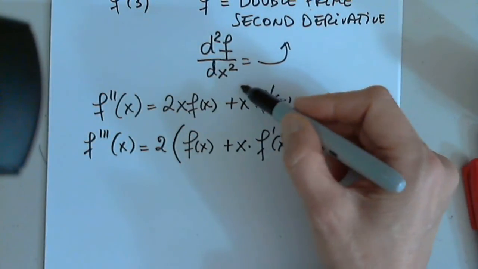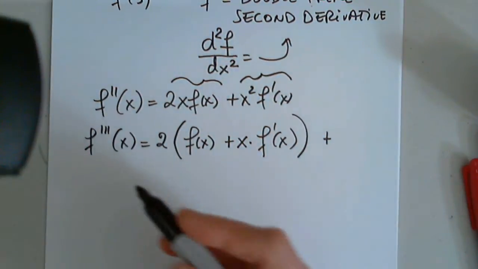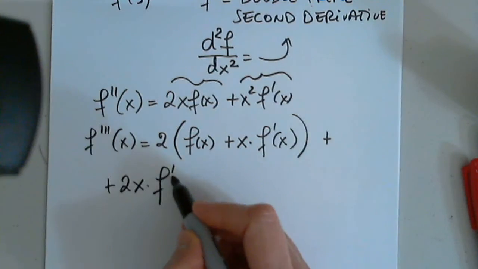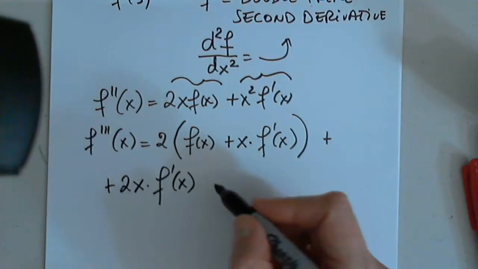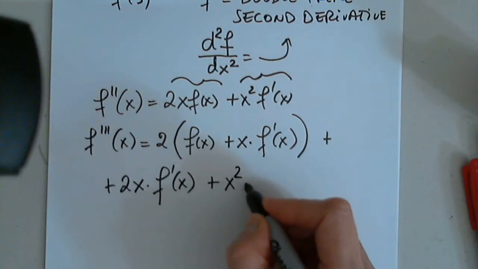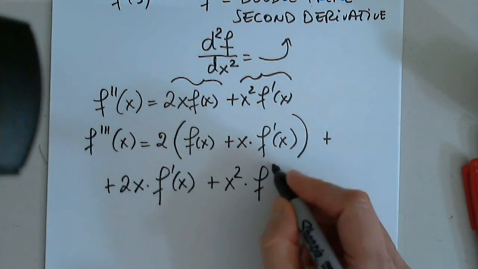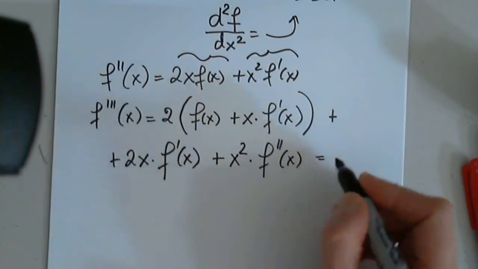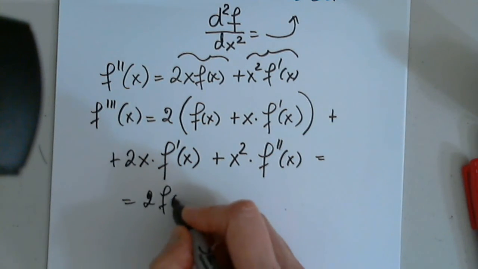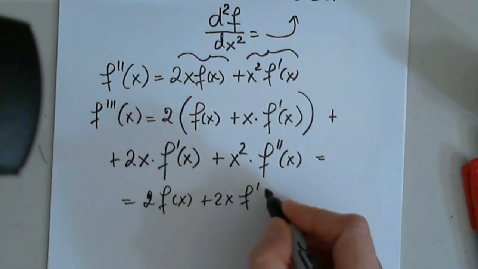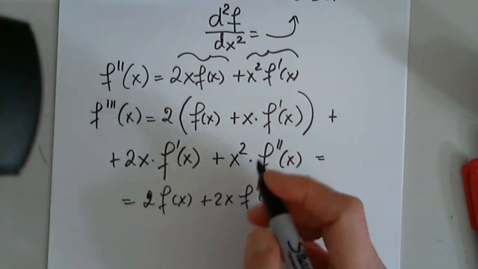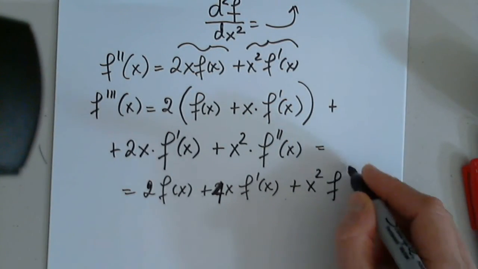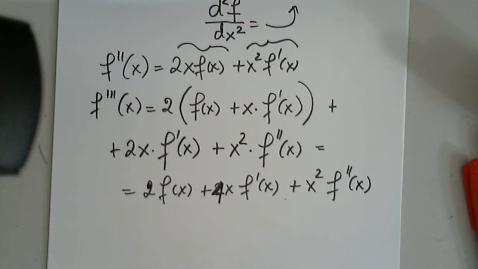And now plus, I applied the product rule twice, plus the first function prime, 2x, times the second function, plus x squared times the second function prime. So then we have 2 f of x plus 2x f prime of x, and I have another 2x f prime of x. I can change this into 4x f prime of x because I'm lazy, and plus x squared f double prime of x. Was a very good practice.